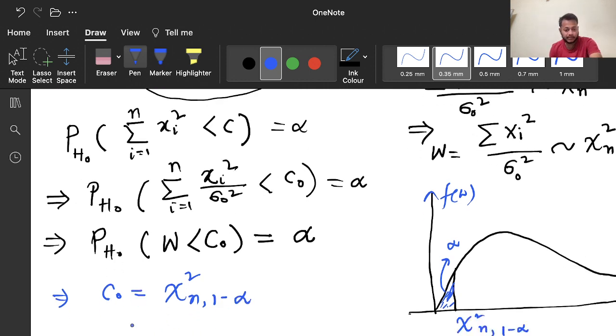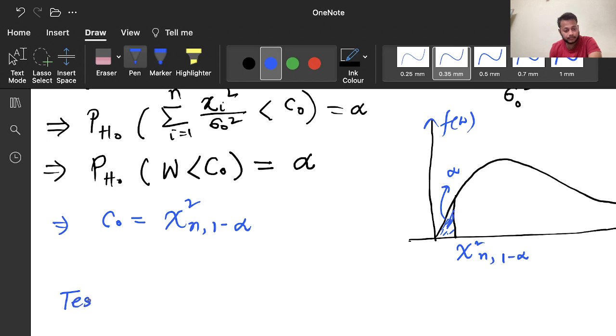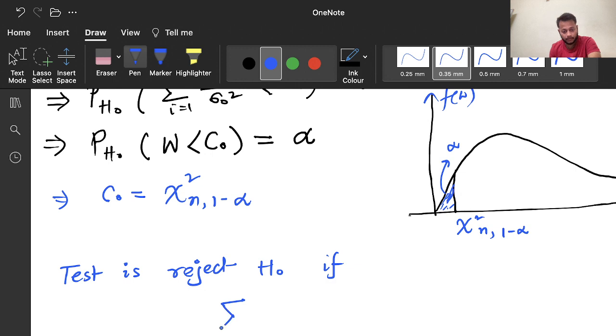So our test is reject H0 if summation i equal to 1 to n xi square by sigma 0 square is less than chi square n, 1 minus alpha.